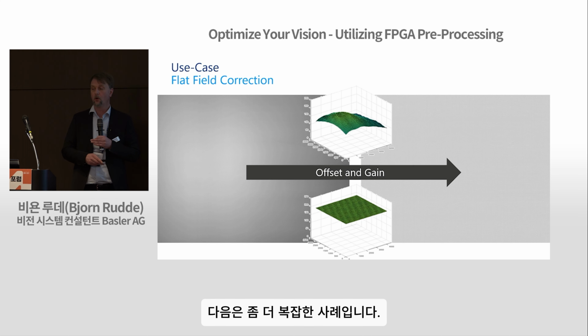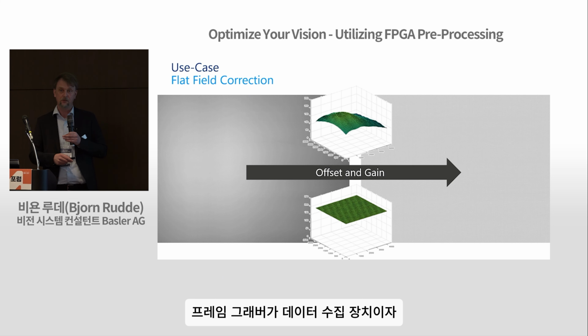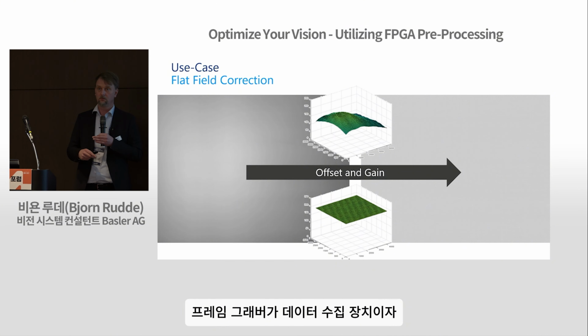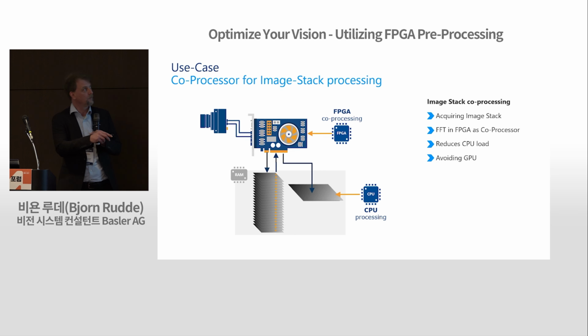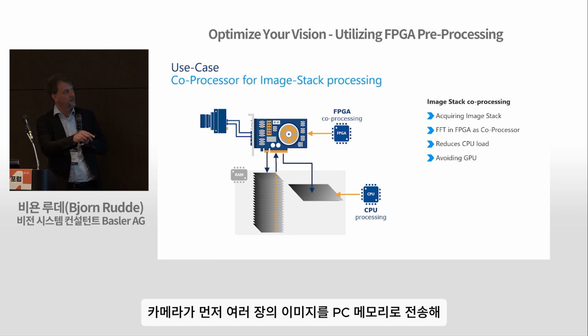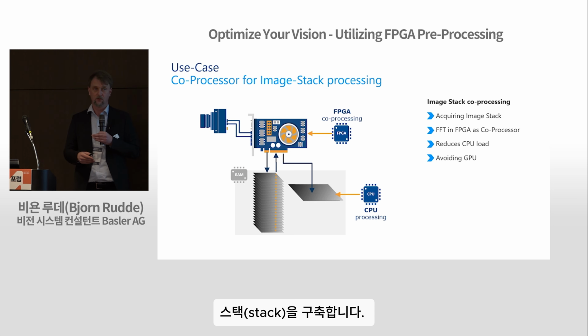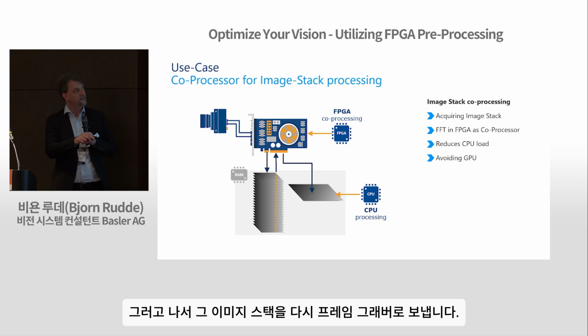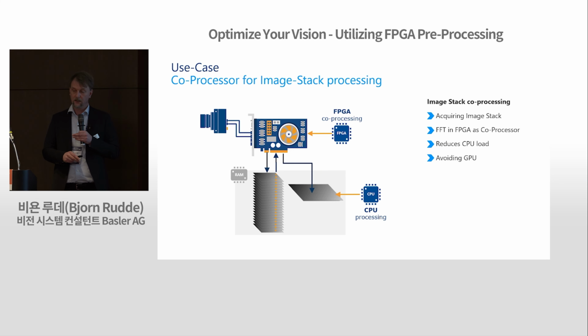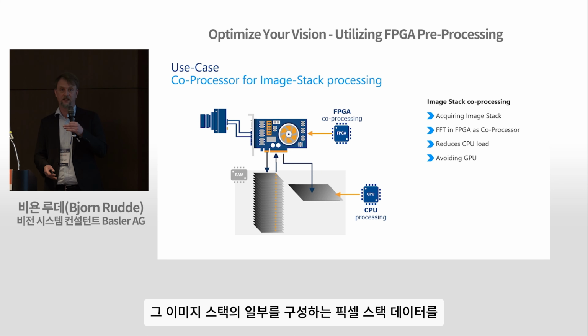Now we come to a more complicated use case. Here the frame grabber is being used as acquisition and at the same time pre-processing device. The camera is delivering the data into the host memory, so you can build up a stack for stack processing. Then the stack is sent back into the frame grabber in order to do some pre-processing on the pixel stacks that are part of the image stack.